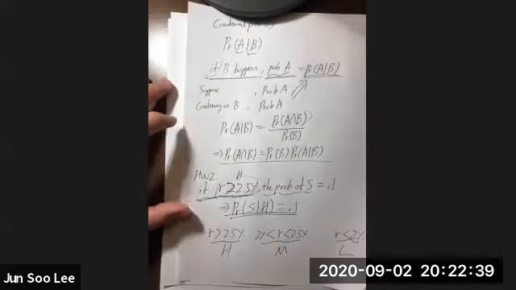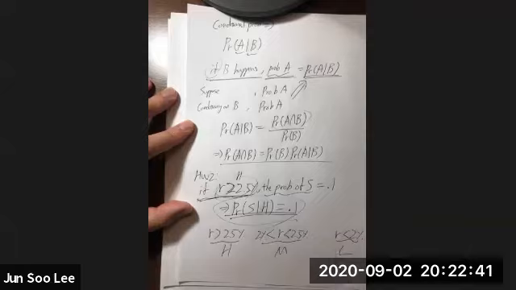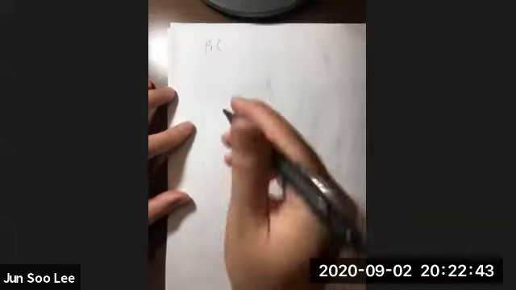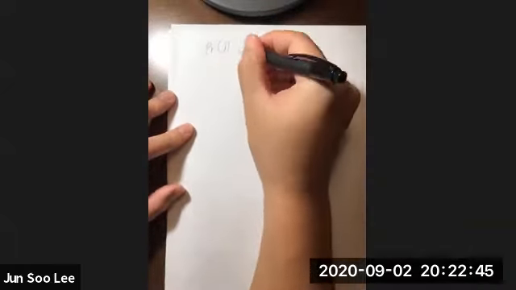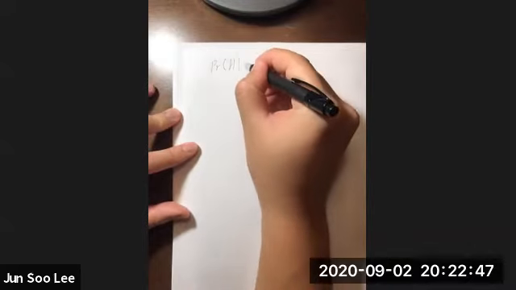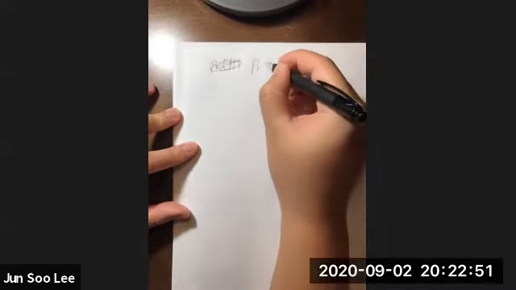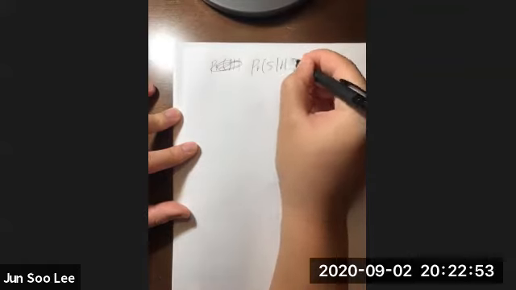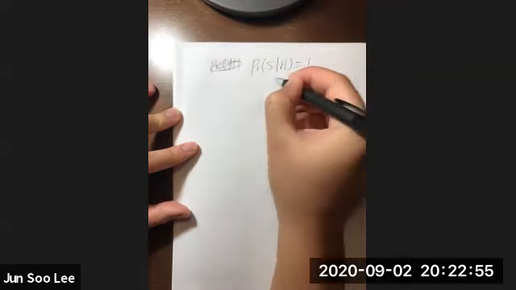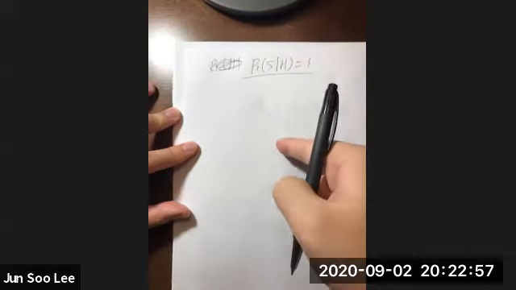I didn't go further, but you can get the same sense. Previously, using the previous information, I got the probability of S given H was 0.1. And you can find the other conditional probabilities.